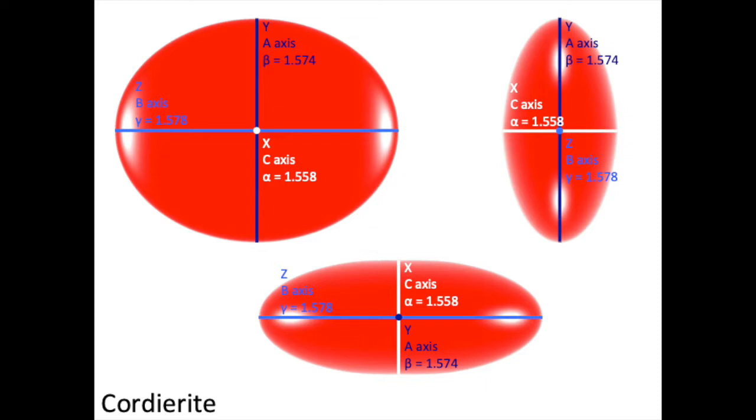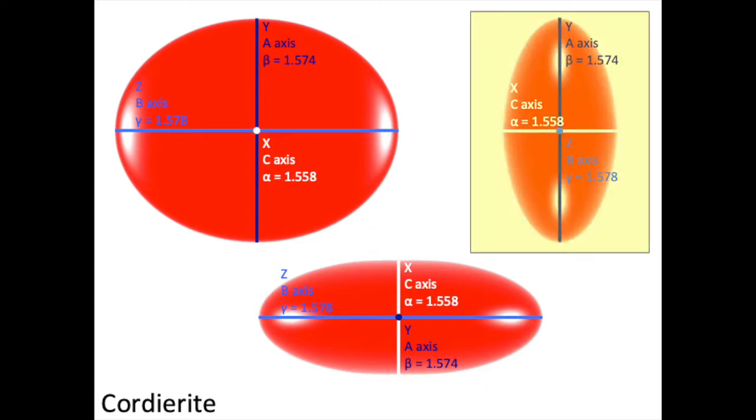Also, by looking at the relative values of alpha, beta, and gamma, you should be able to figure out that Cordierite is going to be biaxial negative. So, if we're looking down our B crystallographic axis, which view of our optical indicatrix should we see? Looking down the B axis, which is associated with gamma, means that we should be seeing the alpha-beta plane.